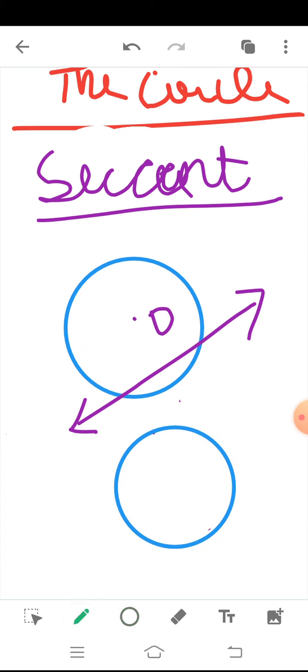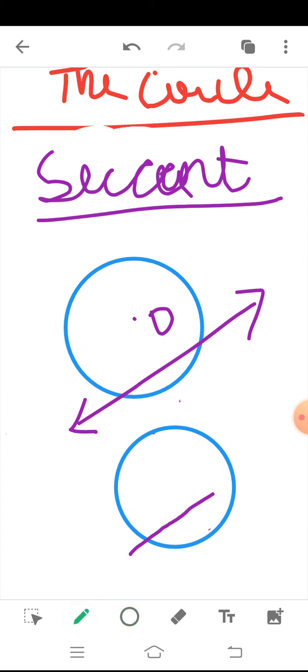A chord carries no arrow, and a secant carries an arrow, which means it extends. This does not extend, this is a chord. And the secant is this. This part is known as a secant. For better understanding, I am giving you a definition: a line which meets a circle at 2 points is called the secant of a circle.